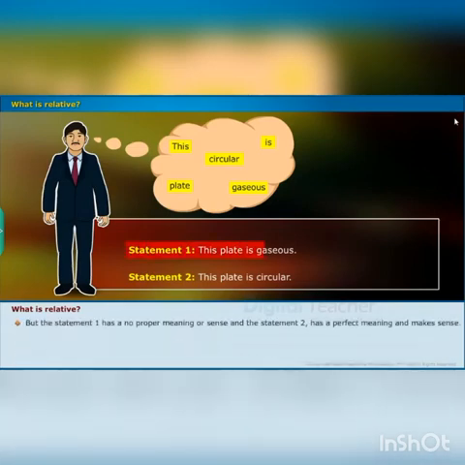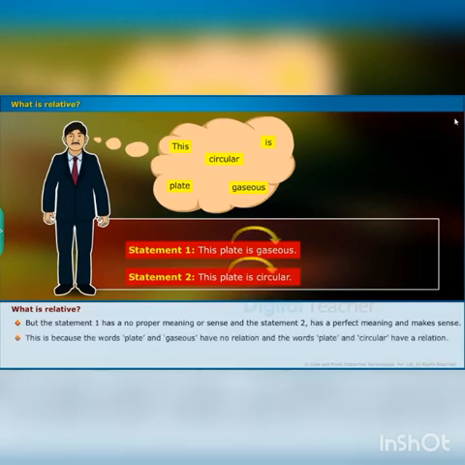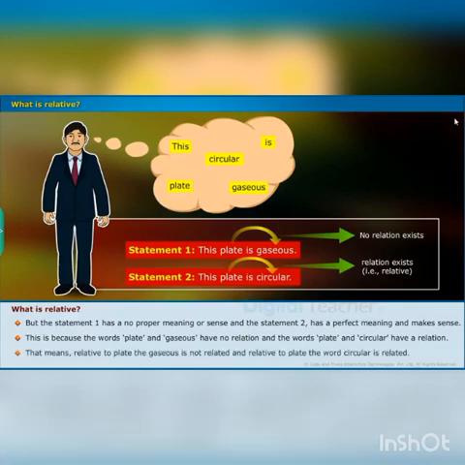But statement 1 has no proper meaning or sense, and statement 2 has a perfect meaning and makes sense. This is because the words plate and gaseous have no relation, and the words plate and circular have a relation. That means relative to plate, gaseous is not related, and relative to plate, the word circular is related.